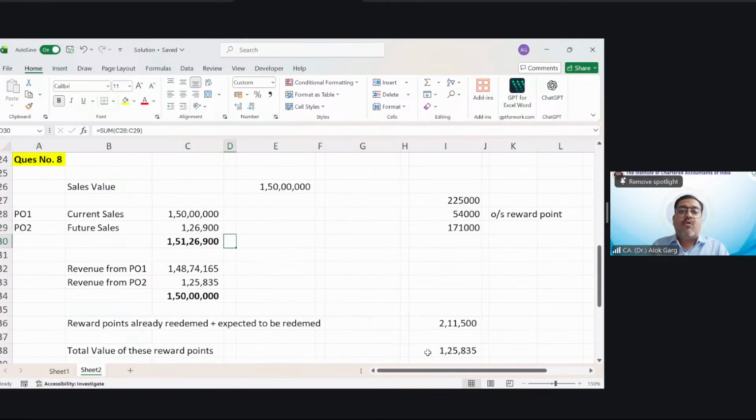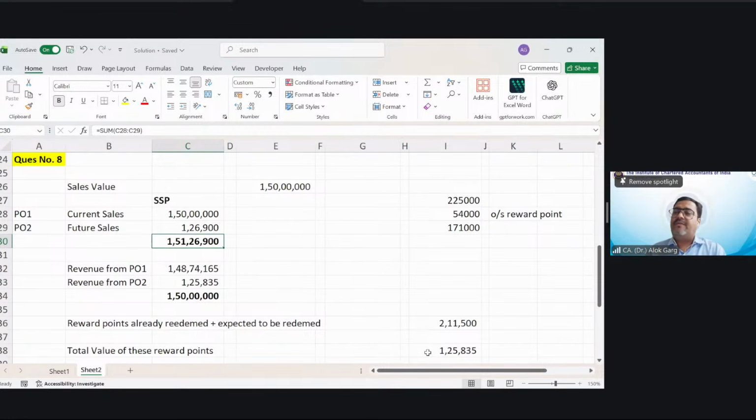What is my total standalone selling price of the performance obligations? Current sales 1 crore 50 lakh. Future sales, meaning the right to claim in future, 126,900.